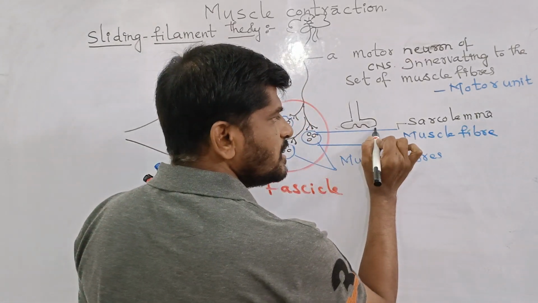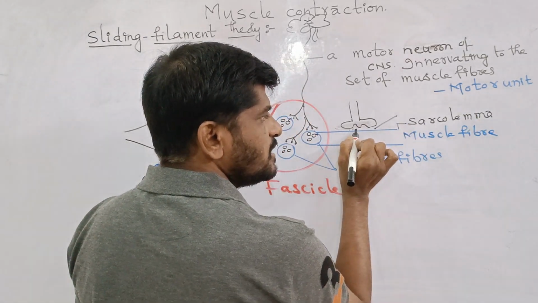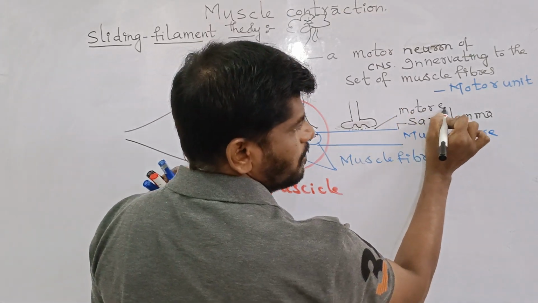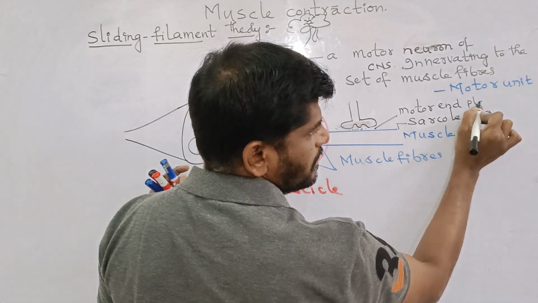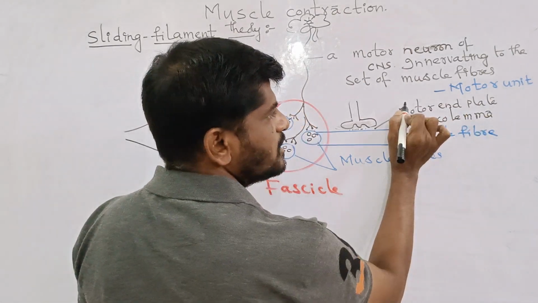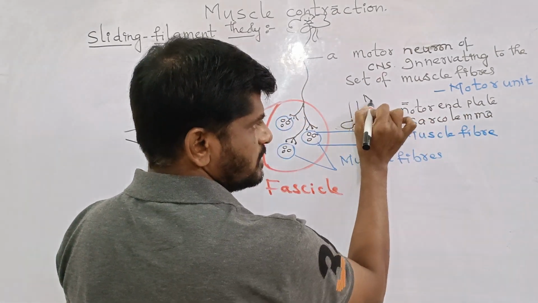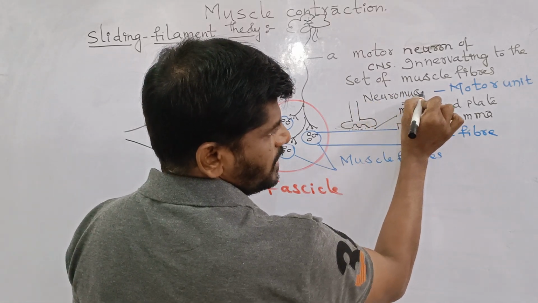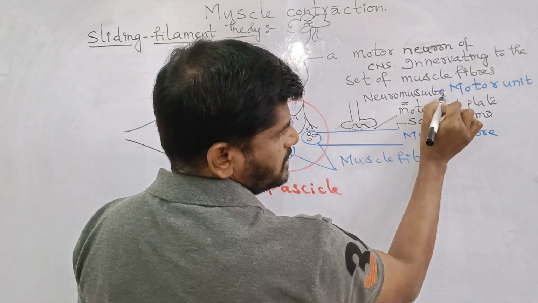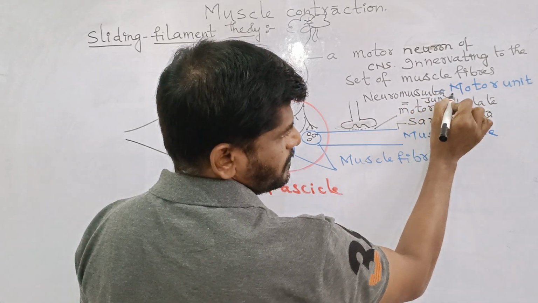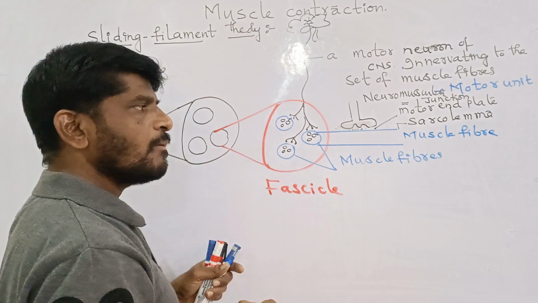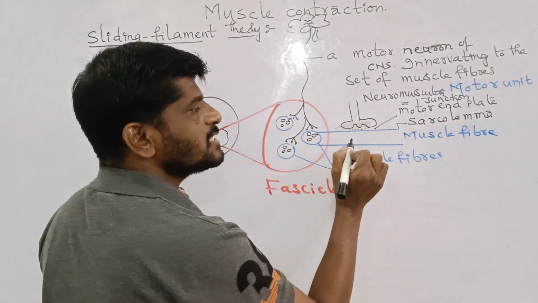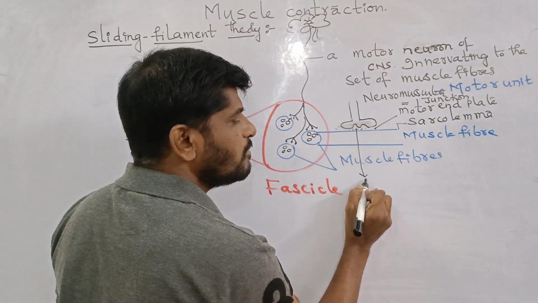And this junction is called the motor end plate, which can be called the neuromuscular junction. Therefore, at the neuromuscular junction, chemicals are released, and these chemicals are called neurotransmitters.